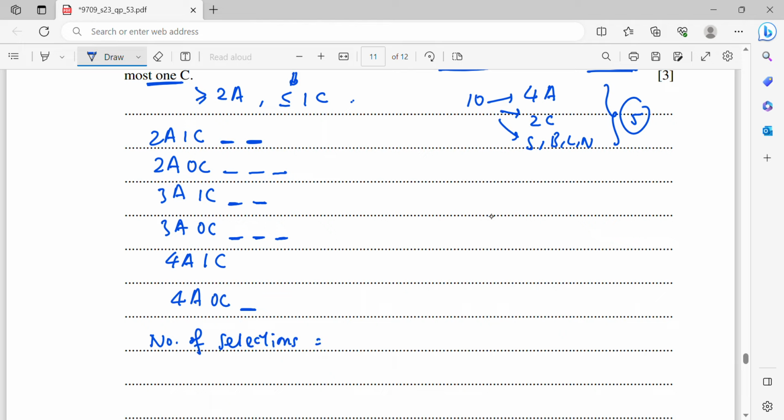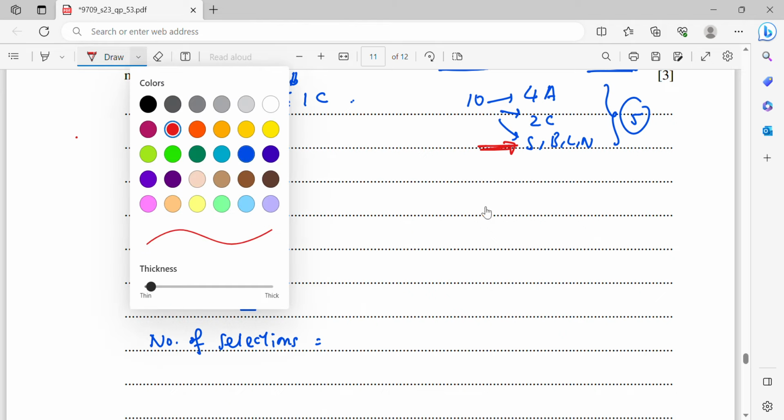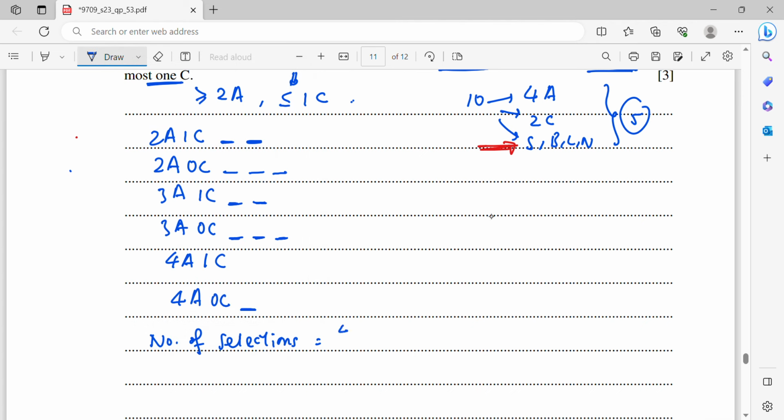So for the first case, remember we need to get this dash from this 4. So from 4 I need to choose 2, because 2 dash, 2 places or 2 letters. So 4 choose 2. Now I need 3 letters from the S, B, L, N, so 4 choose 3.